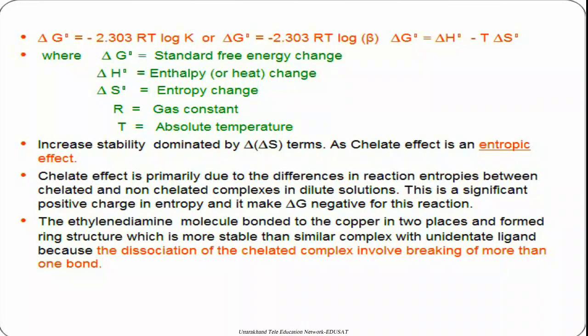As I already discussed earlier, if delta G is negative, delta H is negative meaning heat evolves, and delta S, the entropy change, is positive or greater, then the complex will be more and more stable. Increased stability is dominated by delta S, that is entropy. The chelate effect is an entropic effect.